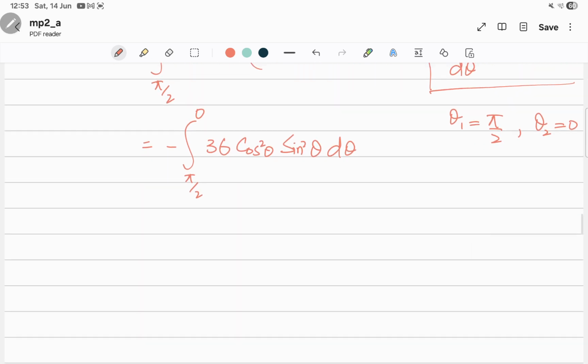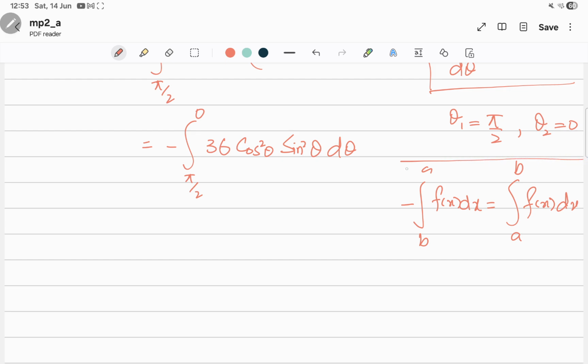So we have one property of the integral. If you have a negative sign, the integral from b to a of f of x dx will be equal to the integral from a to b of f of x dx, which means if you remove the negative sign and flip the upper and lower limits, then these integrals are equal.